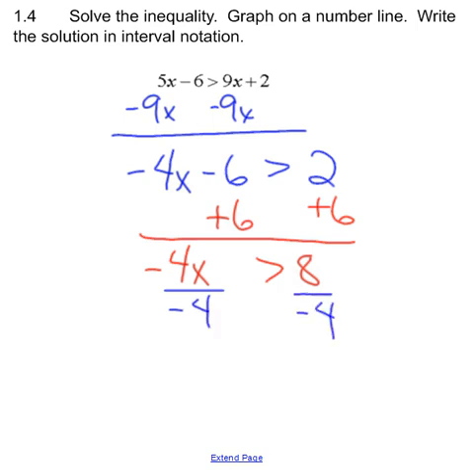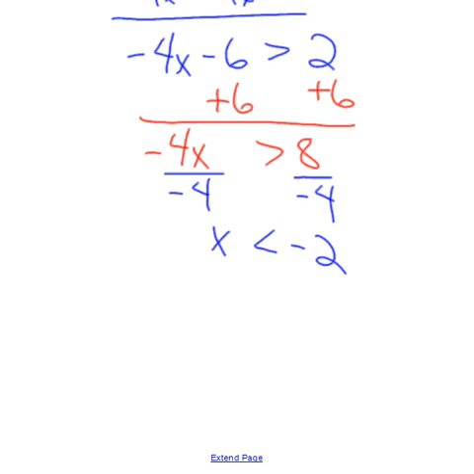When I divide both sides by a negative number, I'm going to take that symbol and flip it around. So then I get x is less than negative 2. So be sure you remember that little trick. You're multiplying or dividing both sides by a negative number.